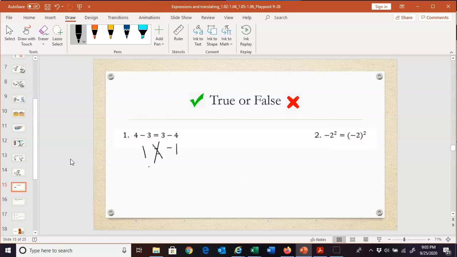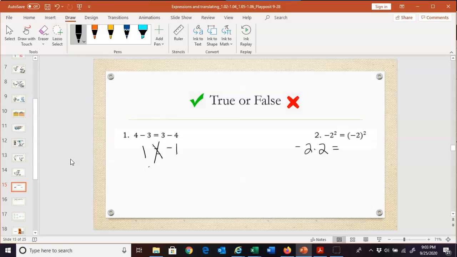Number 2, I know we've dealt with this a lot in one of our quizzes and our weekly recap assignment. This exponent only affects what it's directly touching. So this little 2 is touching just this base 2. So this is going to be negative 2 times 2. Only the 2 gets squared.